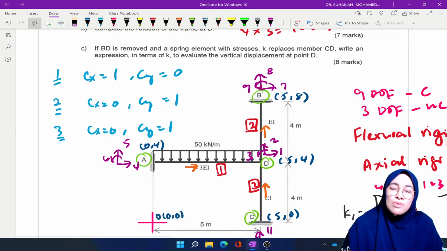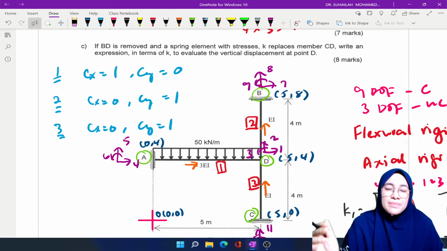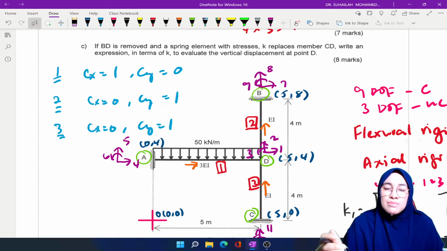By looking at the diagram, we will have the value for Q naught for element 1 only, because element number 2 does not have member load, and element 3 also does not have member load. Only element number 1 has UDL, a member with loading. So we just need to focus on this.